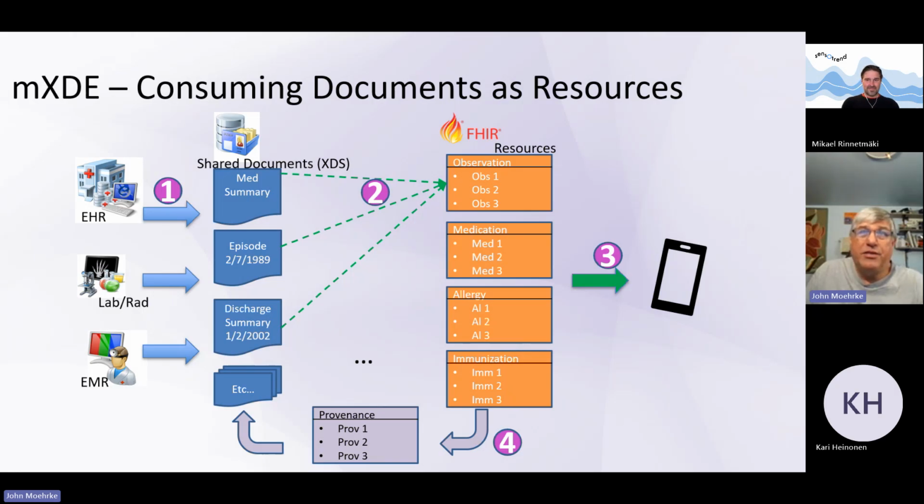I think the thing that puts that theory in question is there are a lot of EHRs who are supporting FHIR RESTful query endpoints. So they themselves are becoming familiar with how to convert their internal data model into FHIR.